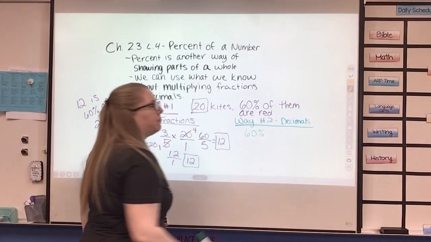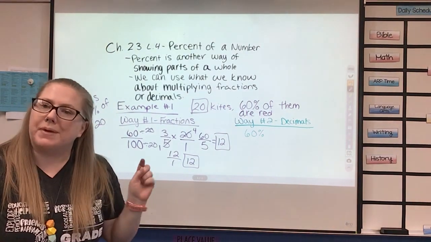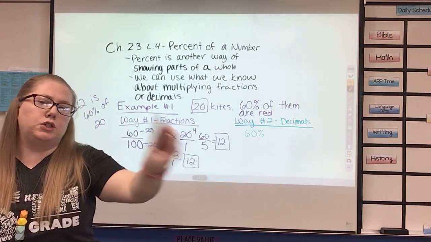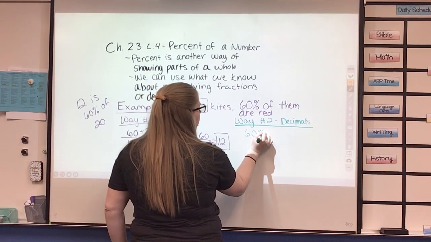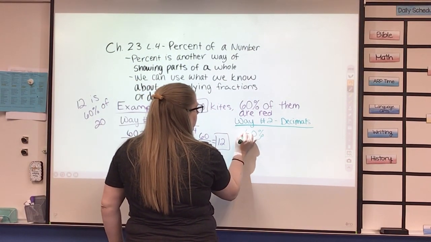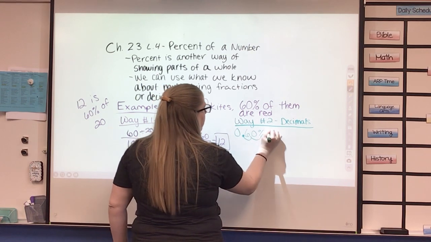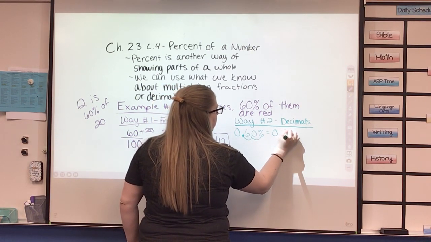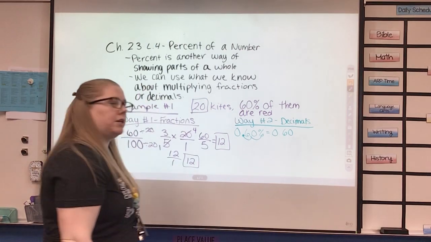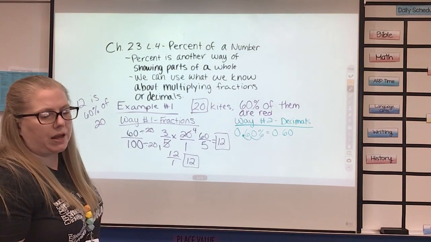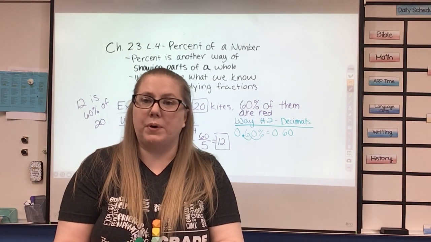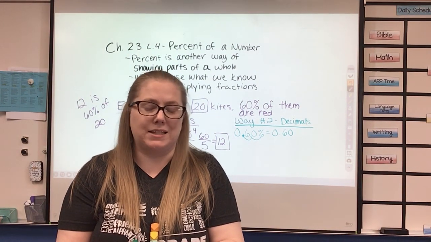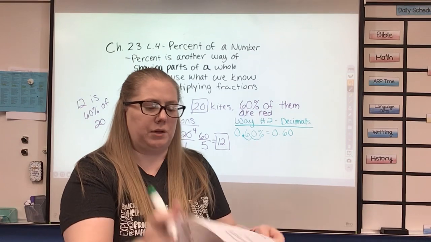So remember from my lesson on Monday, or maybe Mrs. Ricard's on Tuesday, you take this percentage sign and you go, and your decimal goes there. So now I have 60%, okay? And now I'm going to multiply 0.60 or 0.6, whatever one you want to write.